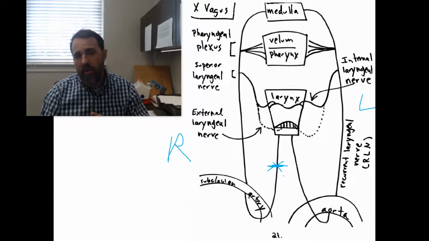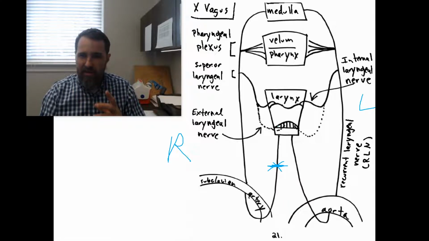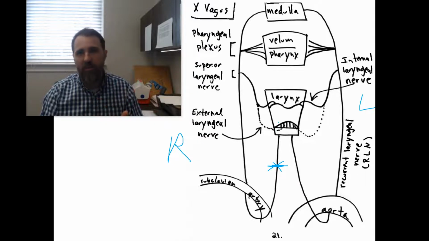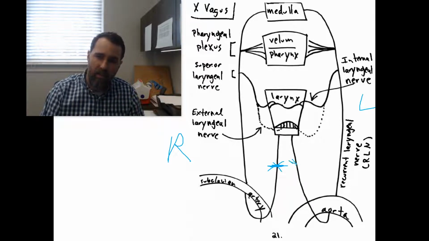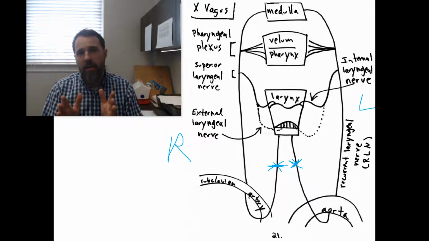So someone with a lesion to the right RLN is going to be very hypophonic because of the flaccidity of that right vocal fold, the paralysis of the right vocal fold. If you knock out both RLNs, then both vocal folds are going to be paralyzed.